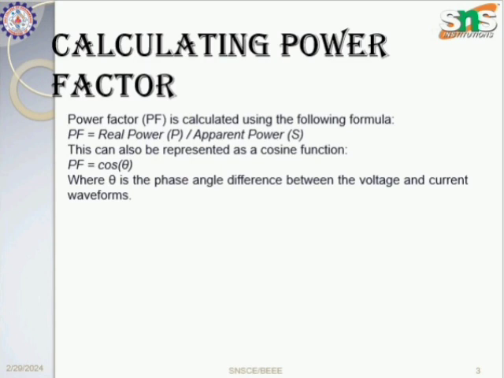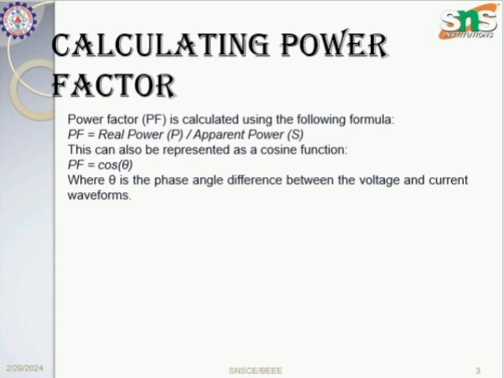So now moving into calculating how a power factor is taken. So power factor generally can be written as the real power or the average power divided by the apparent power.